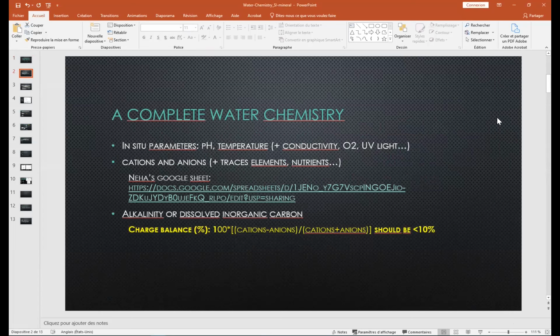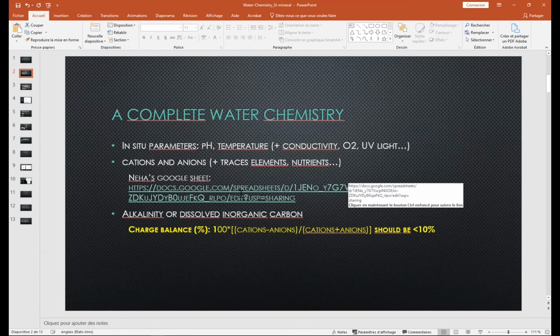So first, when you want to analyze a solution and the speciation of the solution and the equilibrium with minerals and gases, you need to analyze as many parameters and elements as you can.